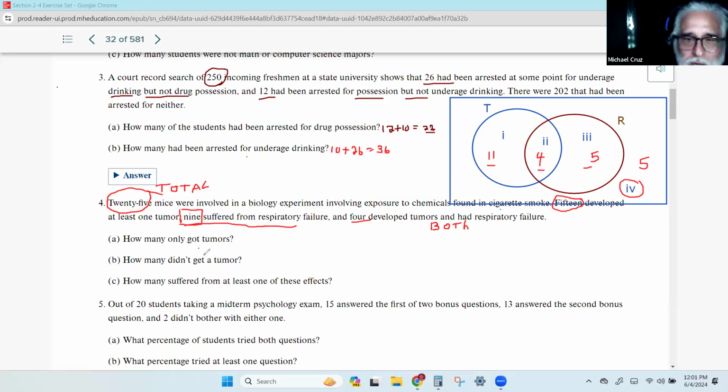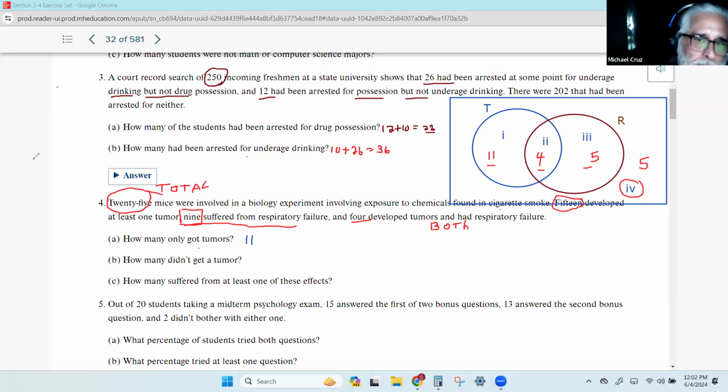How many got only tumors? Which region represents only tumors? This is the tumor circle, the blue one, but it says only tumors. Not 2, because those have tumors and respiratory. This one is tumors only. How many didn't get a tumor?